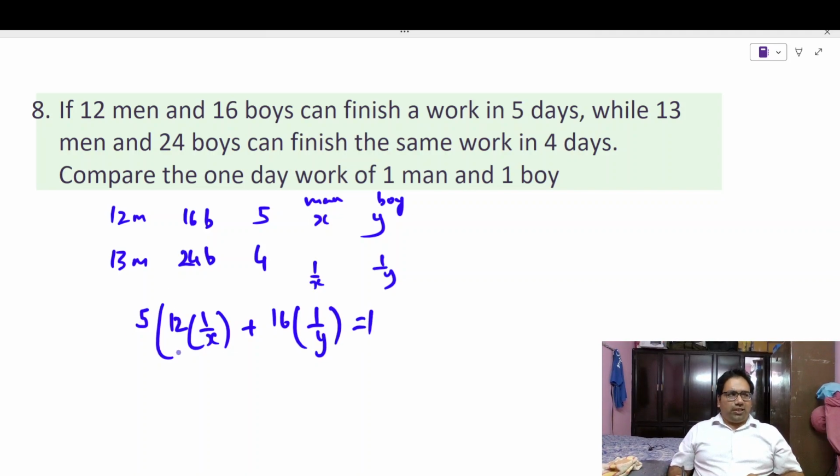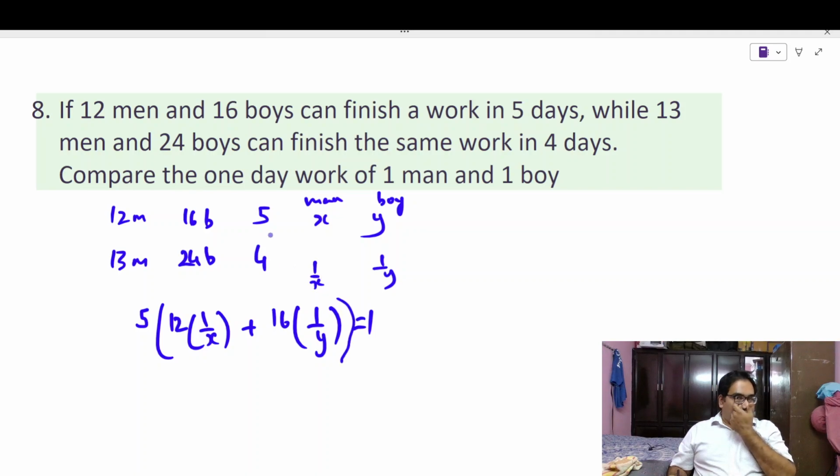We are assuming x is the number of days that a man will take, and y is the number of days that a boy will take. So 12 men are producing 12 into 1 by x on a single day, so 5 days is 5 into this. Plus 16 boys are producing 16 into 1 by y, so 5 into this one.